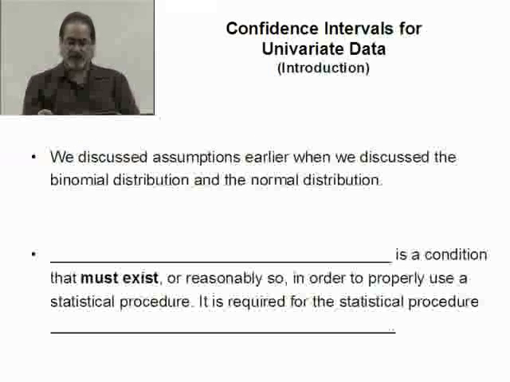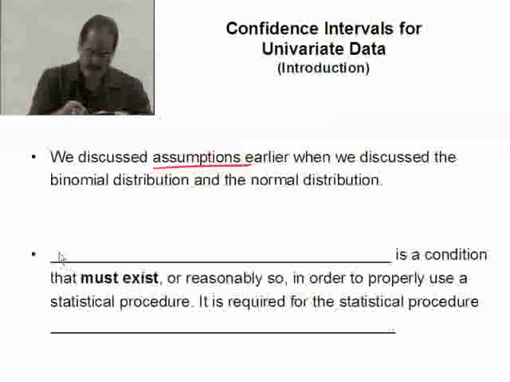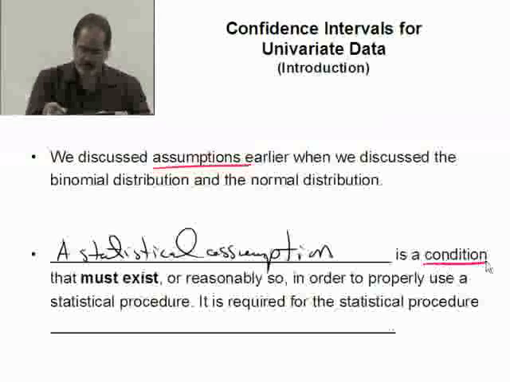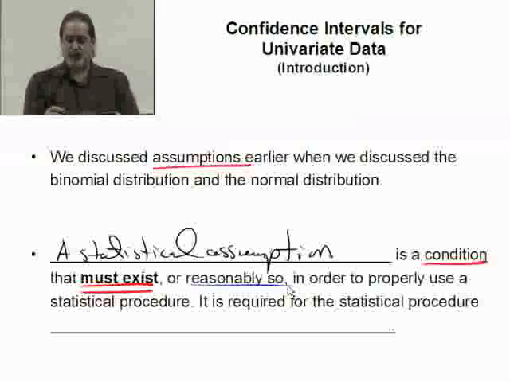Now, we discussed assumptions earlier when we discussed the binomial distribution. I want to go back to the idea of assumptions again for just a moment because they're extremely important. You cannot overemphasize how important it is to justify why you're using a particular distribution. A statistical assumption is a condition that must exist, or at least reasonably so, in order to properly use a statistical procedure. We've been using a lot of procedures, a lot of techniques, and we have to justify why these are reasonable to use.